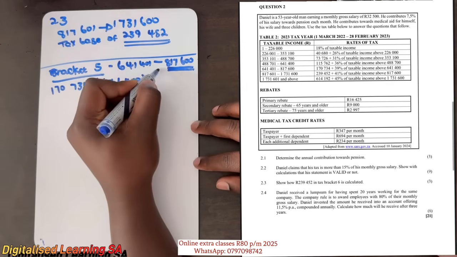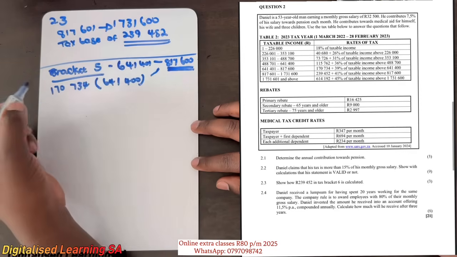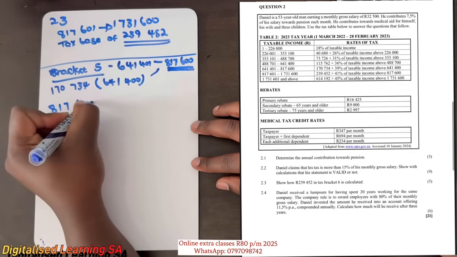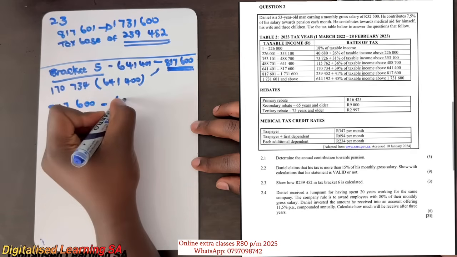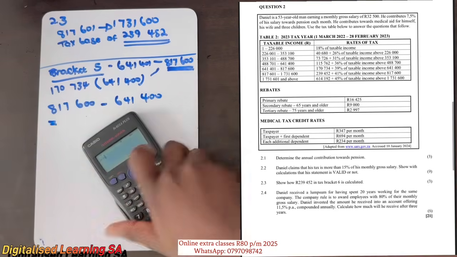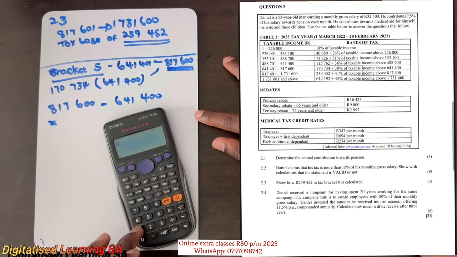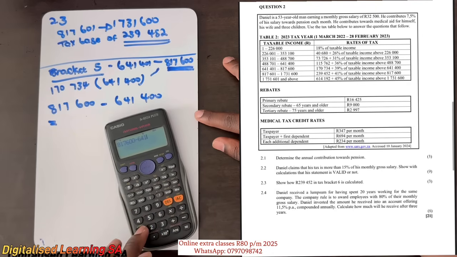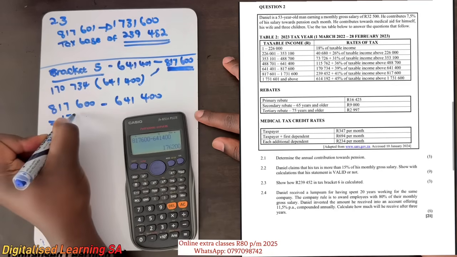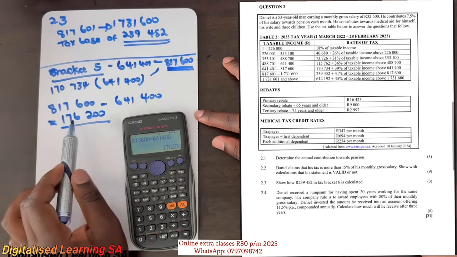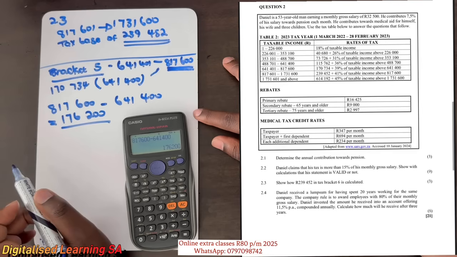So now we need to check the difference and calculate the outstanding tax. We say 817,600 minus 641,400. Let's quickly do that. It's 817,600 minus 641,400, and our answer will be 176,200.